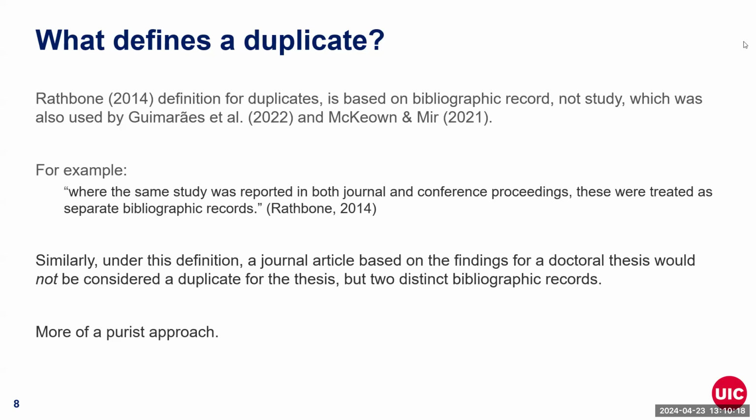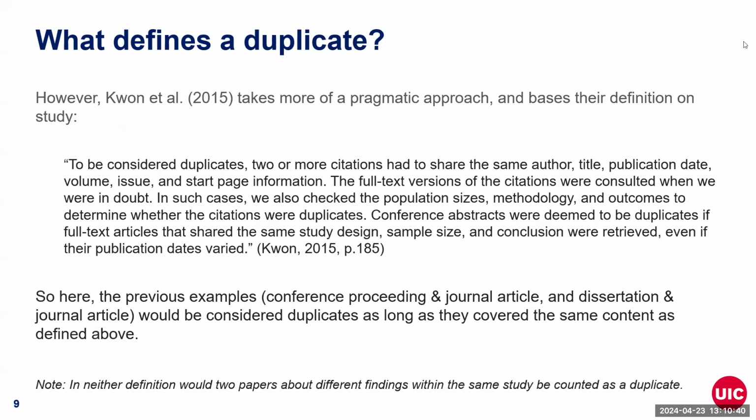Similarly, under this definition, a journal article based on the findings of a doctoral thesis would not be considered a duplicate of the thesis, but again, two distinct bibliographic records. They're two separate publications, even if they're about the same study. So it's kind of a purist approach, I'd say, in terms of what is a duplicate, or what is a distinct record. However, not everybody uses this definition.